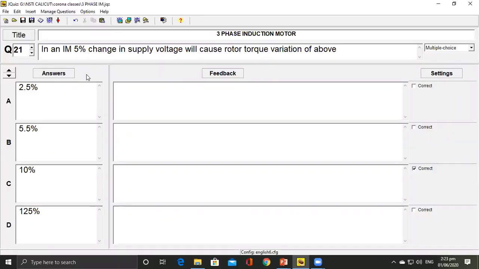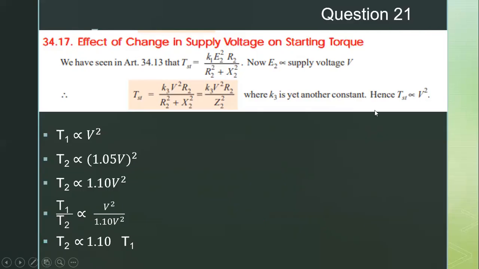The only important relation is that the starting torque is directly proportional to the supply voltage square. Questions like this may come with 5%, 10%, 20%. For example, when the supply voltage is increased by 10%, what will be the change in the starting torque? Or when the supply voltage is decreased by 20%, what will be the starting torque?